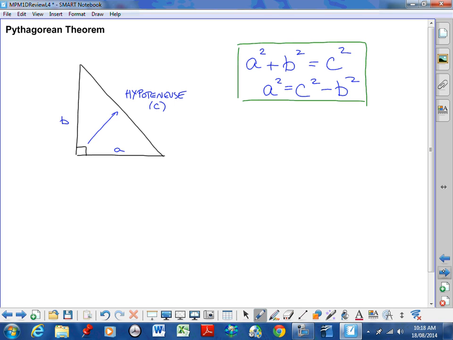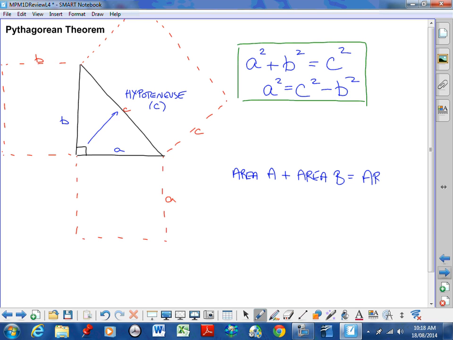Remember that the Pythagorean theorem came from Pythagoras realizing that if he took a square block that was C by C, and matched it up with a block that was A by A, and a block that was B by B, that area A plus area B equaled area C. So those 3 squares, the 2 smaller ones always added up to the big one.